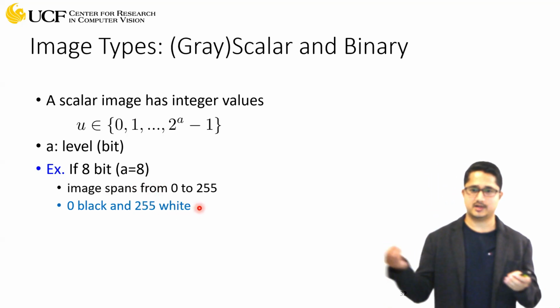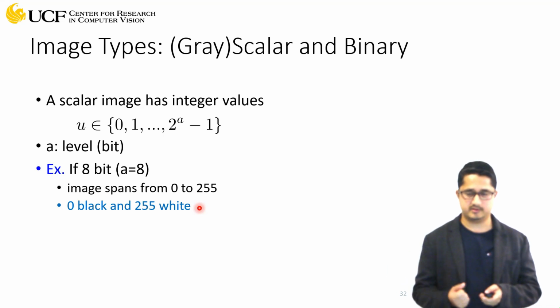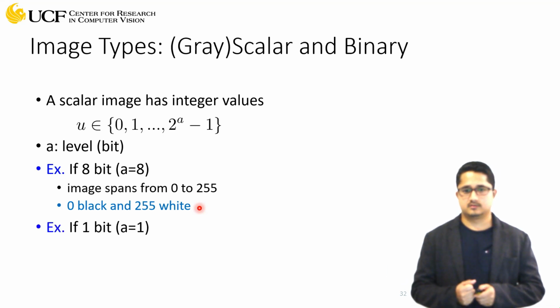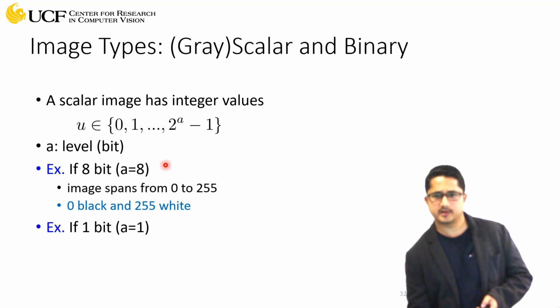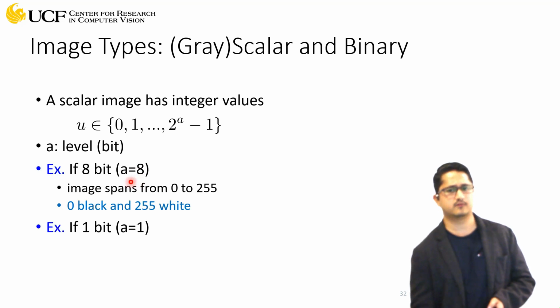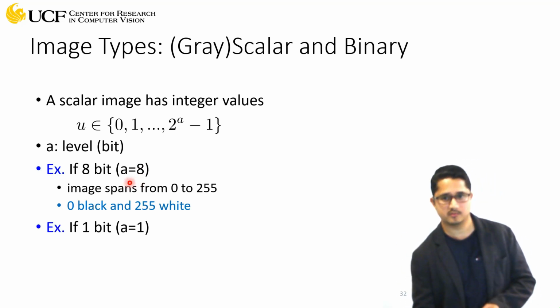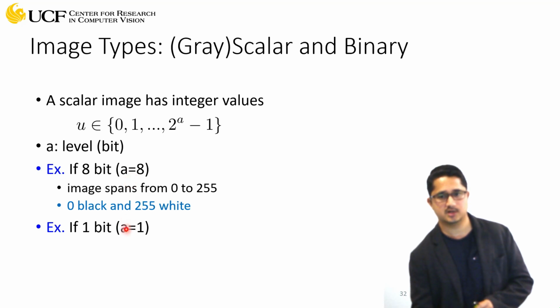Everything in between is a mix of black and white. That's one extreme, and it's a very standard way to store images. Of course, we have higher bit levels as well, because some applications need more detail, but this is the most important one.